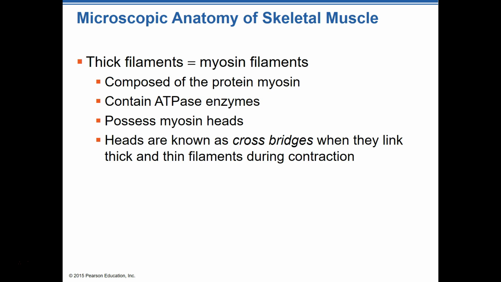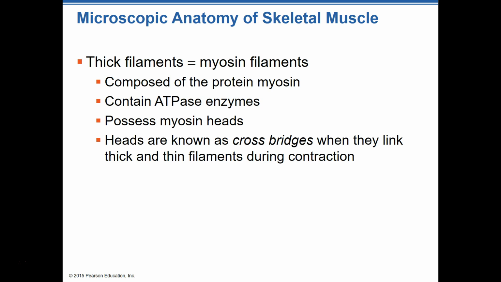So, the thick filaments contain myosin fibers or myosin filaments, and they're made up of a protein, oddly enough, called myosin. Go figure. They contain ATPase enzymes. They possess myosin heads, which we'll look at here in a minute, and you'll see what myosin heads look like.